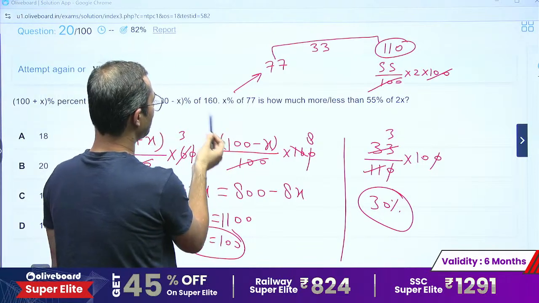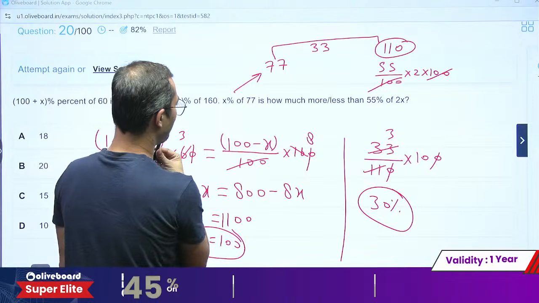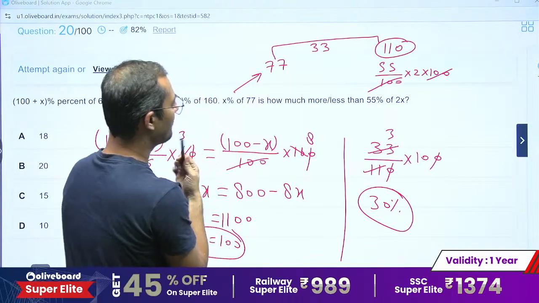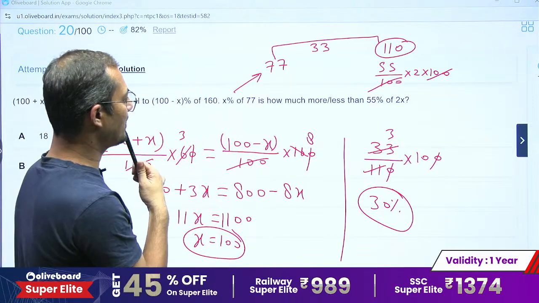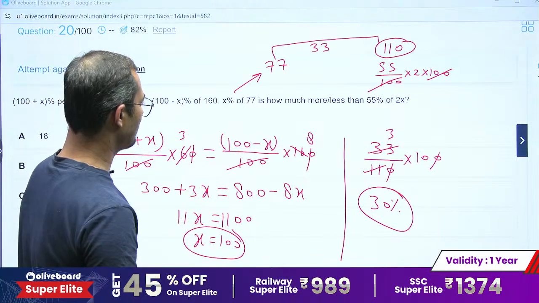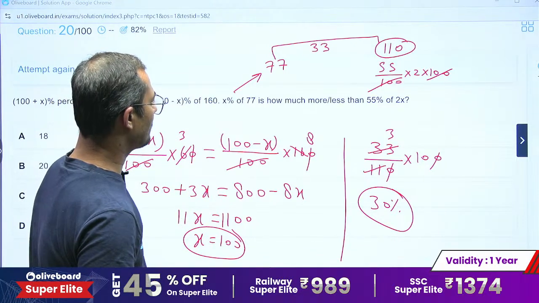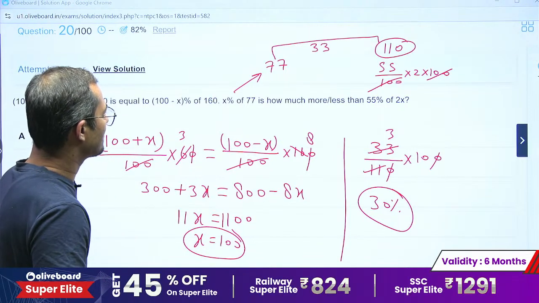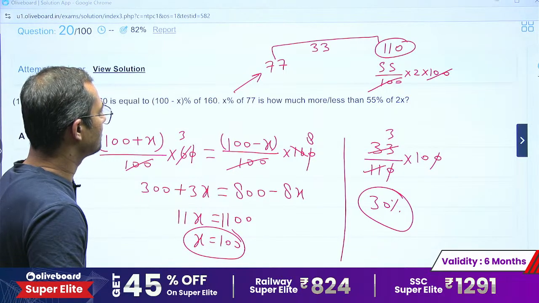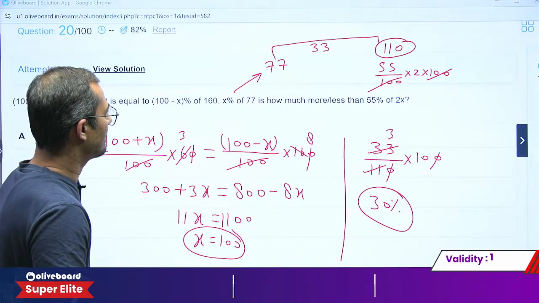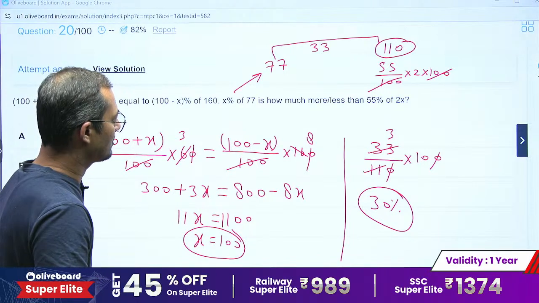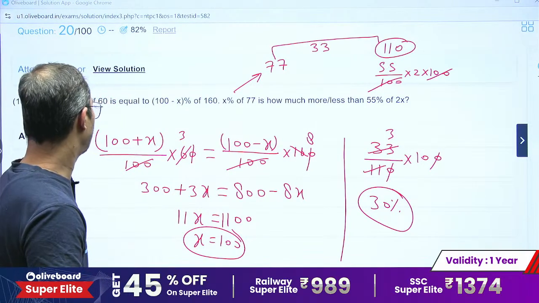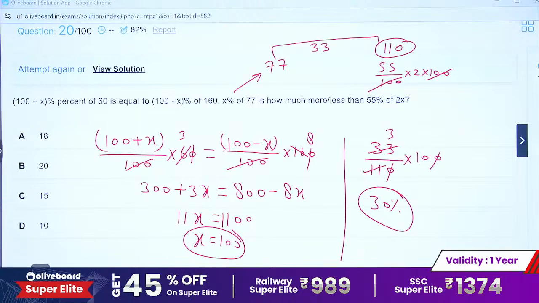So 100% of 77 is 77, no problem. And how much less than 55? See, 55% of 2x, 55 into 2 into 100, 100 cancel. So we can say that 110 minus 77, 33. 33 is what percent of 110? Okay. So see, we have done some mistake, I think.